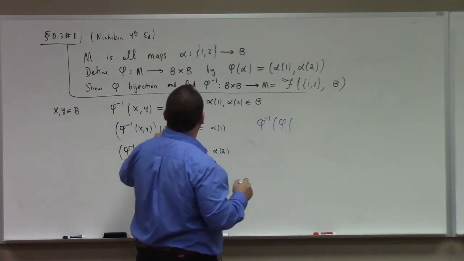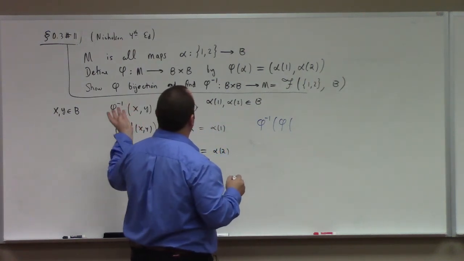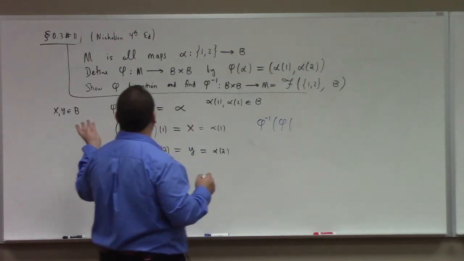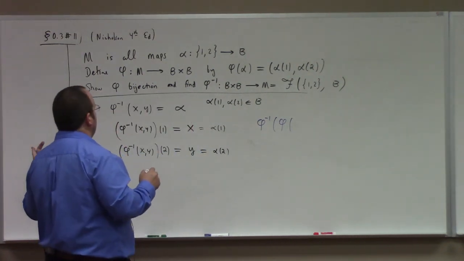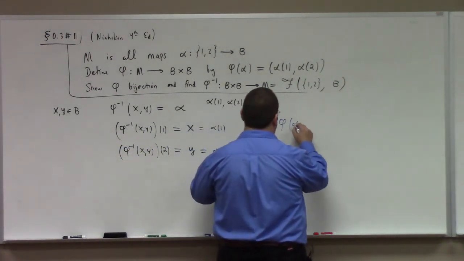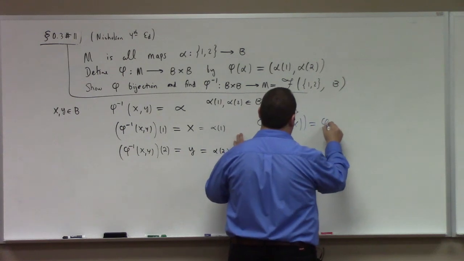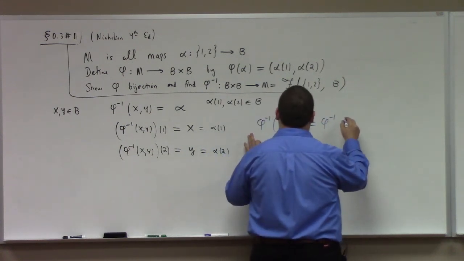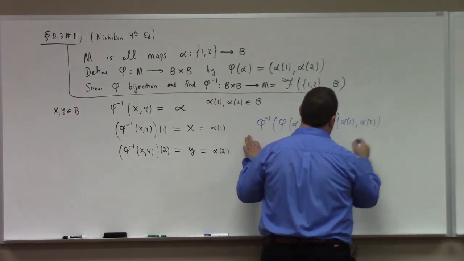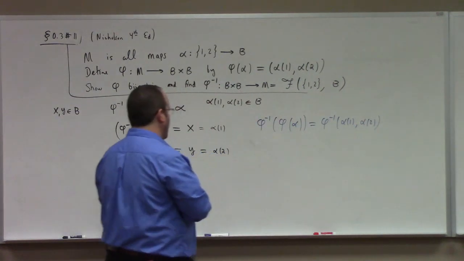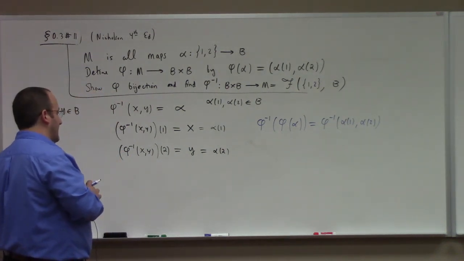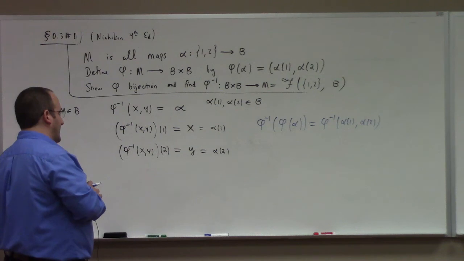Phi takes in alpha. I've lost track of what phi is. Phi of alpha, right? So that's phi inverse of alpha 1, alpha 2, which should map to something in B, and alpha of 2 should map to something else in B.